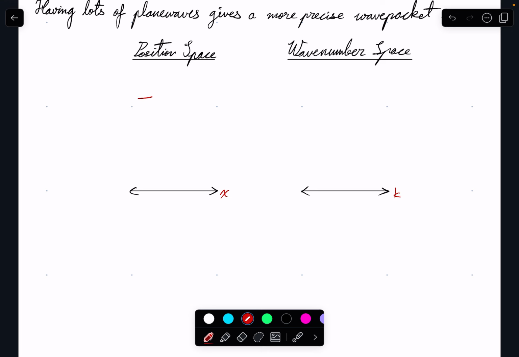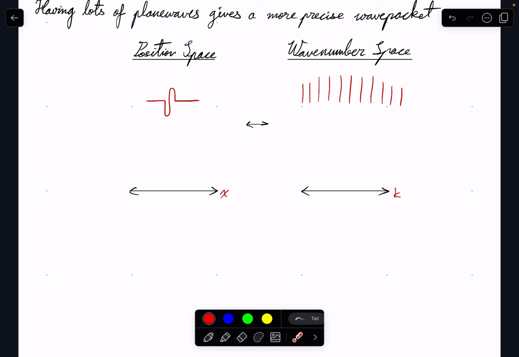Then if I have a super localized wave, this is equivalent to having lots of different k's, which means that the k's on this end will end up canceling with the k's on this end, and so they give a very precise location.